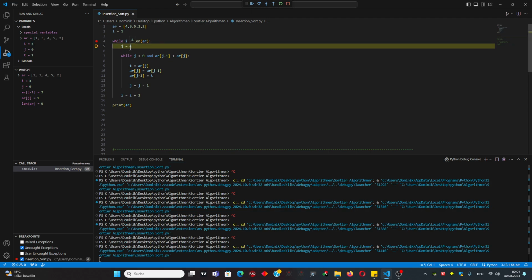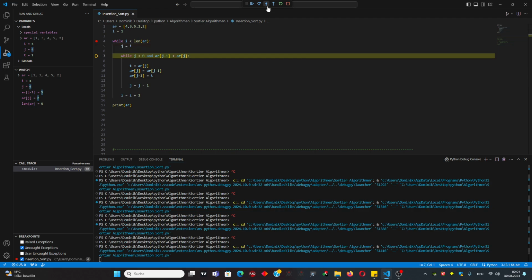J is getting the value of I, so J is holding the value of 4. Now we check again if J is higher than 0, and yeah, it's higher, and that means we can again compare the elements on our list. AR[J minus 1] is holding the value of 5, while AR[J] is holding the value 2.